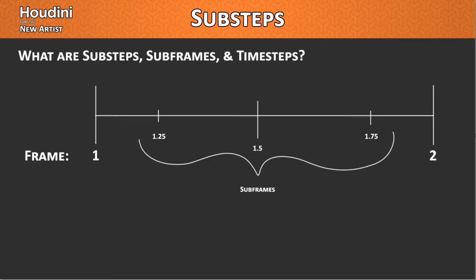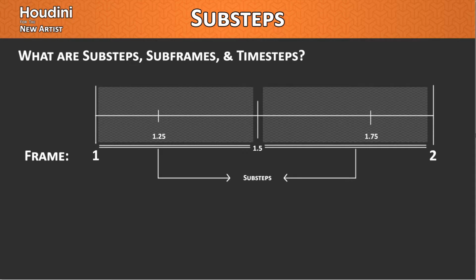Now, let's say we wanted to make little substeps now. So instead of a whole time step, let's make a substep. Well, I like to think of it as little blocks like this here as well. We have a block that exists between, let's say, 1 and 1.5, and then another block between 1.5 and 2. And these are substeps.